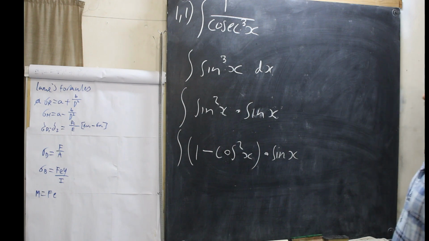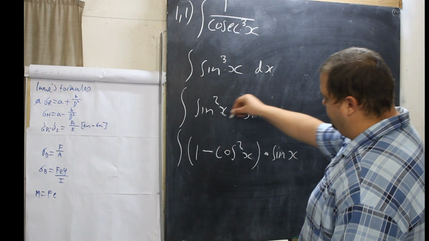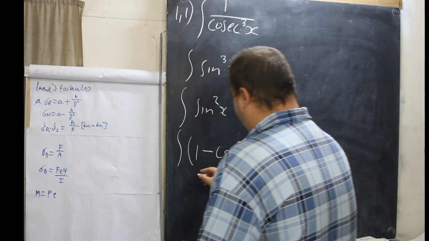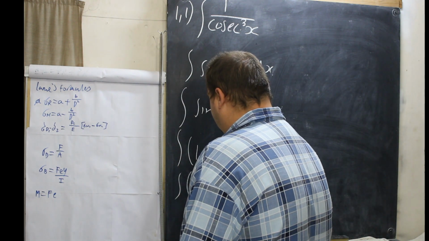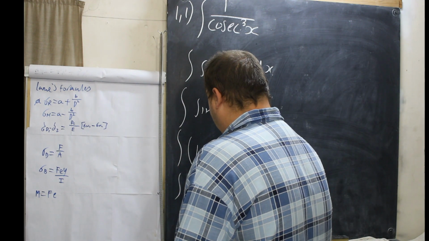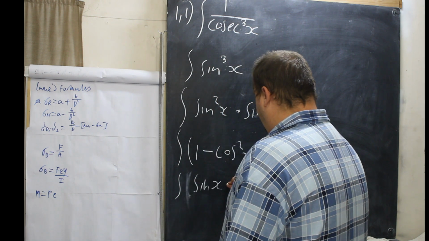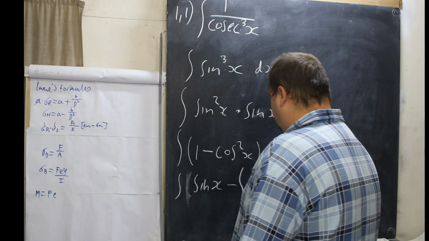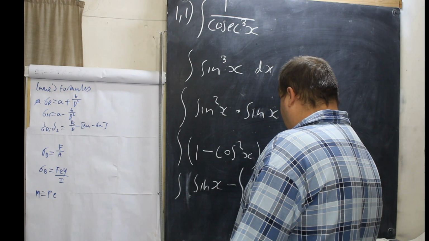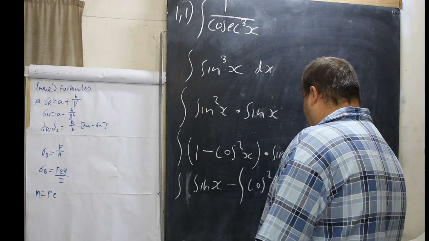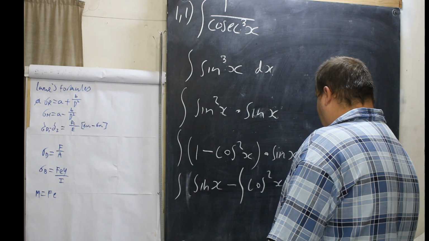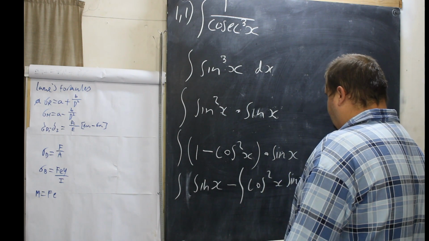Okay, so all we have to do now is multiply the sine in. So then we've got the integral of sine x minus the integral of cos squared x sine x.